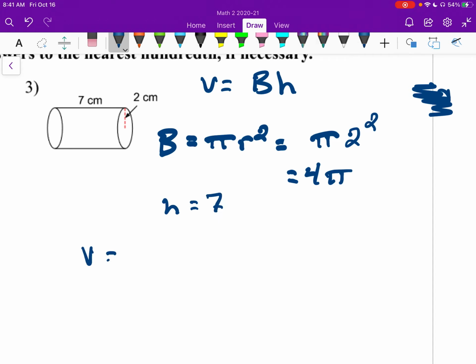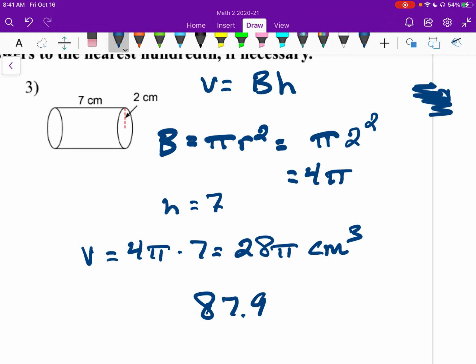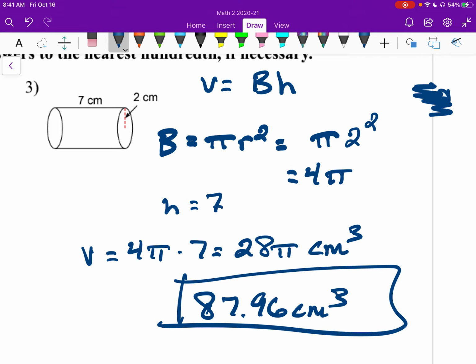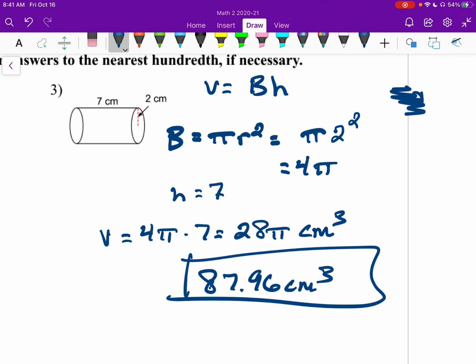So my volume is 4 pi times 7, which is 28 pi centimeters cubed. And if we were to multiply in that pi, we would get 87.96 centimeters cubed. There we are.